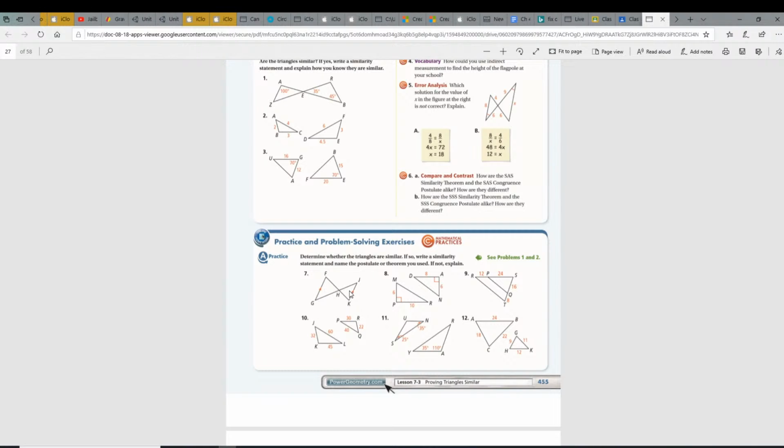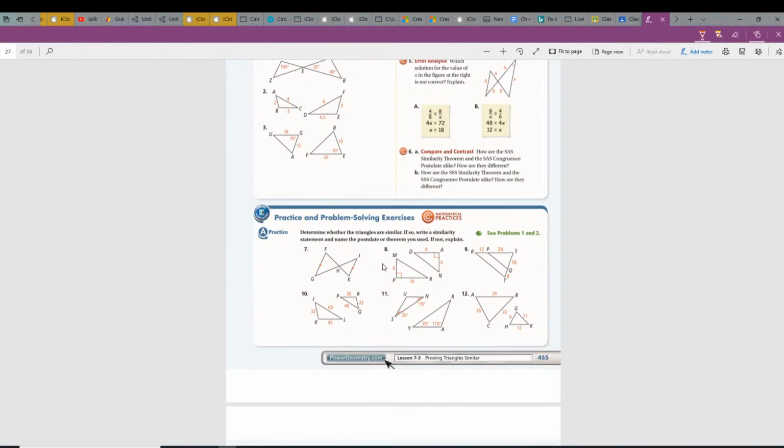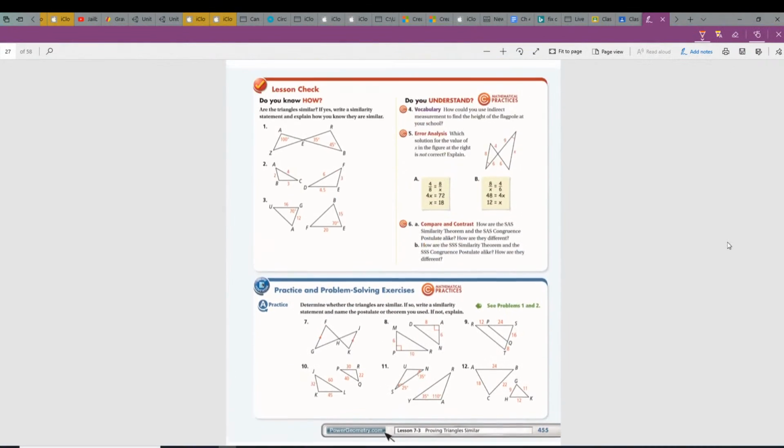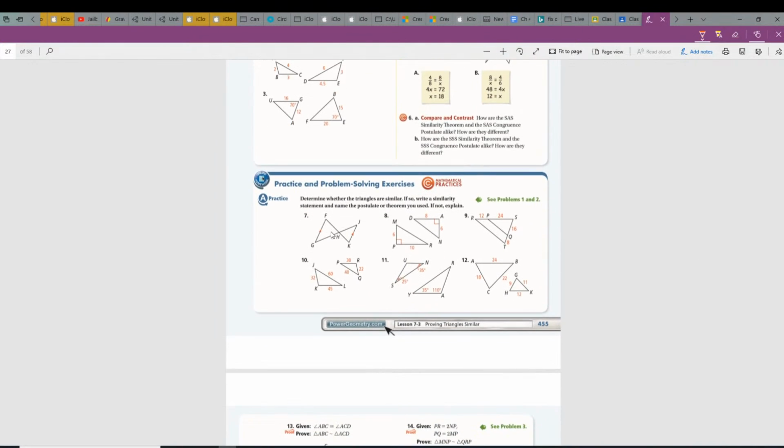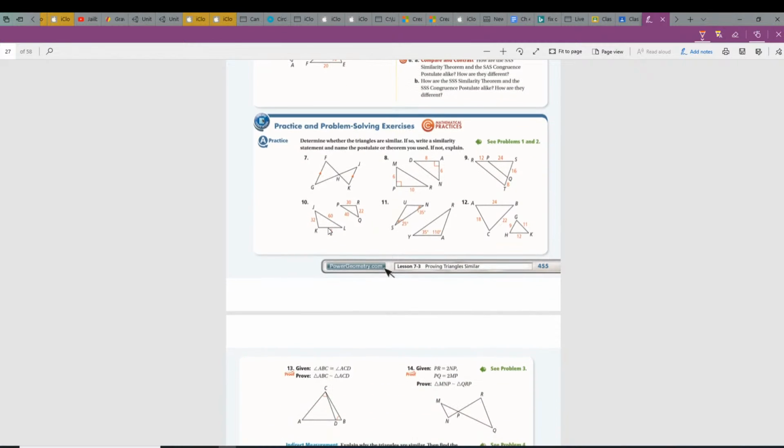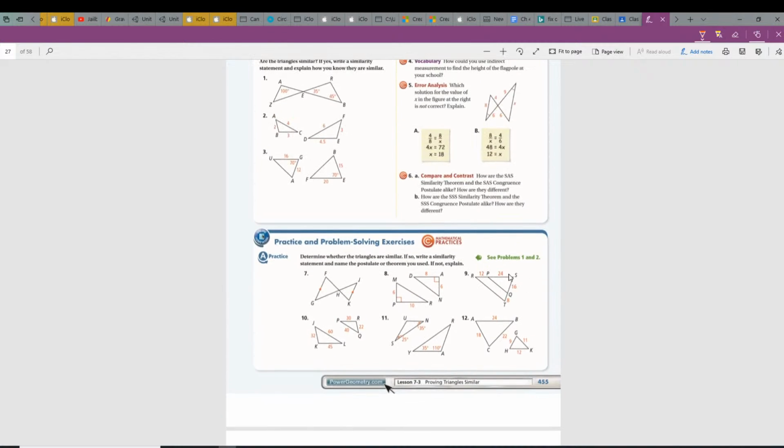And the postulate we used was AA, and the similarity statement was triangle FGH is similar to triangle KJH. Okay, so these two are similar. Now let's move on to problem 9.